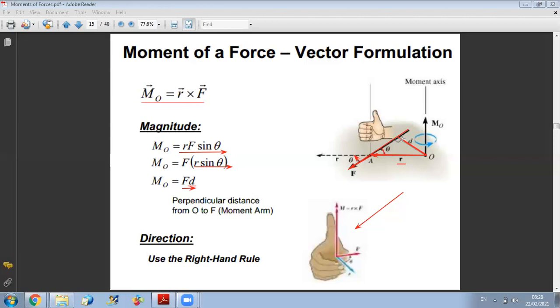Now, concerning the direction and sense, in order to find the direction of the moment, I did the right-hand rule. And also if I want to find the direction of R vectorial F, I will do the right-hand rule.